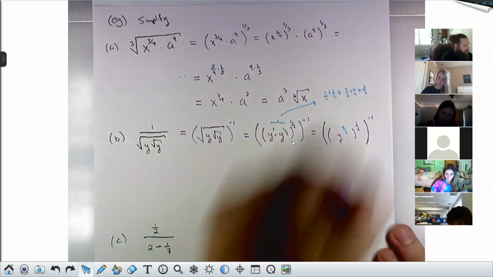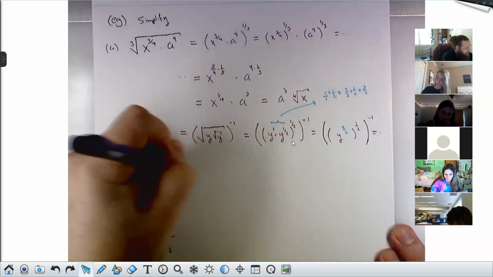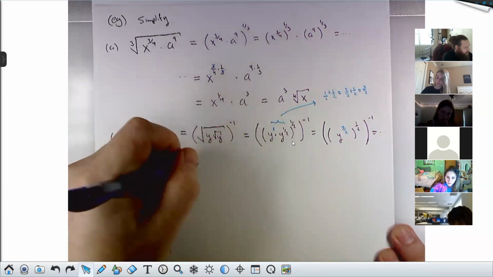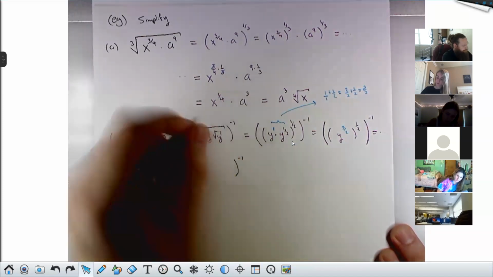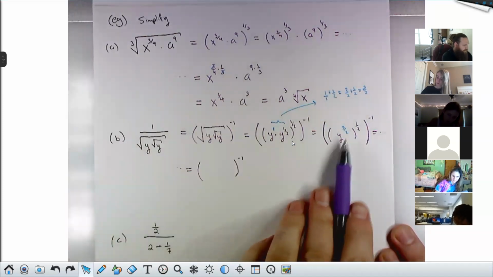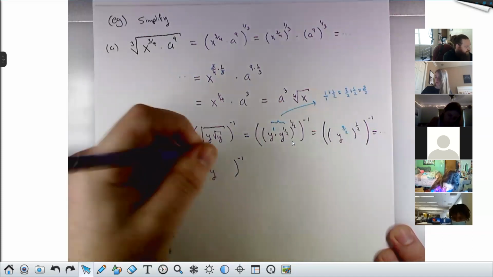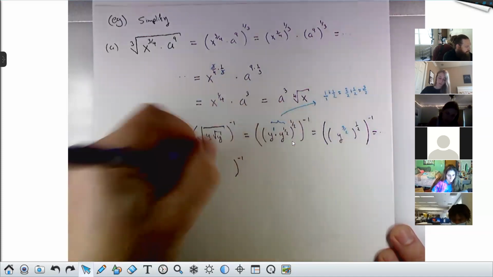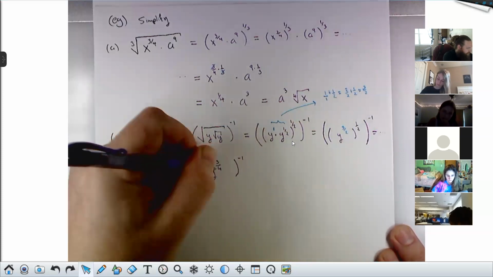Alrighty, we are almost done. Again, I'll put my big parens with the negative first power on the outside. Inside here, I have y to the 3/2 all to the 1/2. So that's y to the 3/2 times 1/2, which is 3/4.